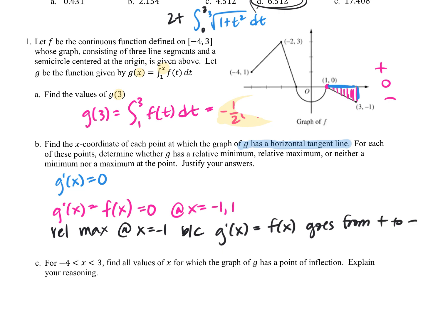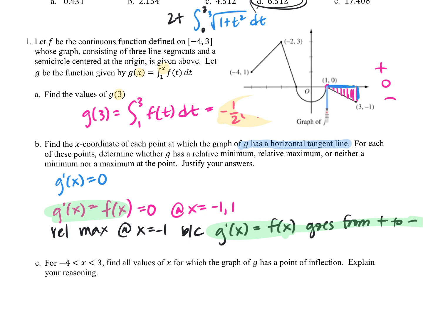But if you only put G prime goes from positive to negative, you get 100%. If you said F goes from positive to negative, you get 100%. If you said you already said that, so you're just keeping it consistent, you get 100%. Sound good? You can only interchange these if we've stated that they're equal earlier, though.